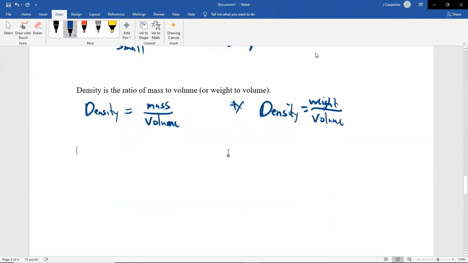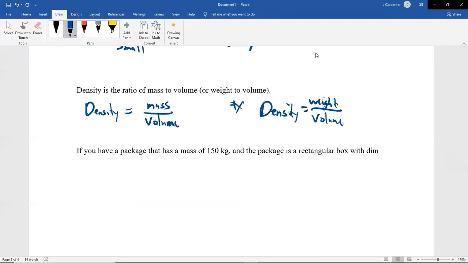So I might say you have a package that has a mass of 150 kilograms, and the package is a rectangular box with dimensions as follows.